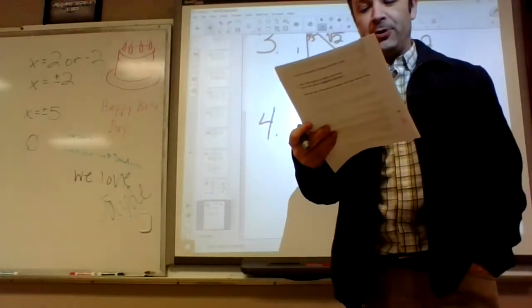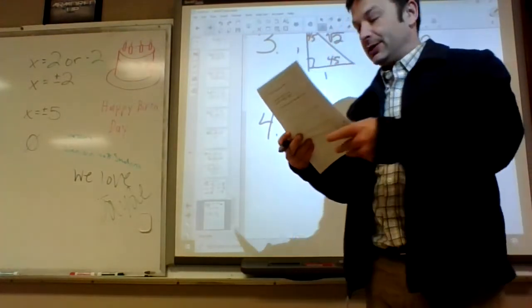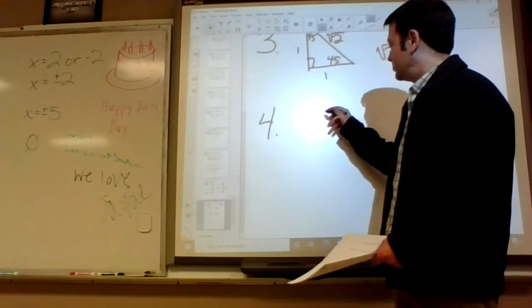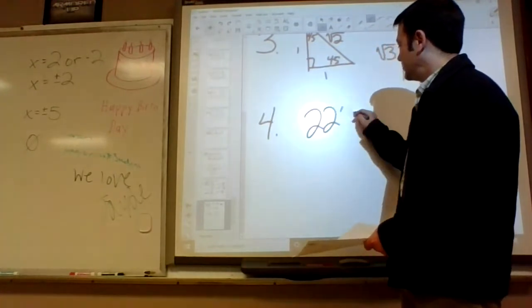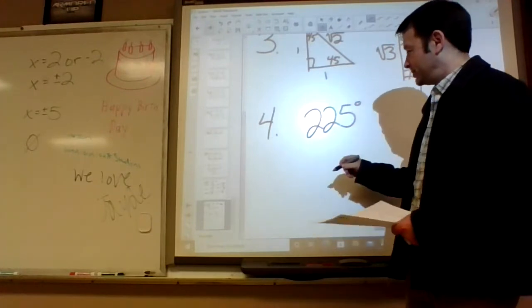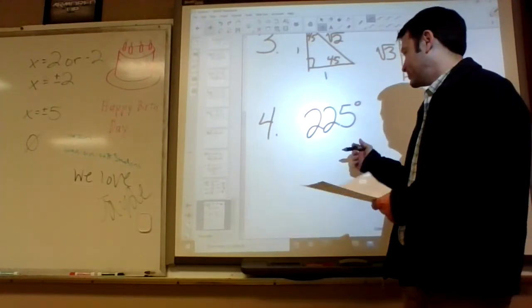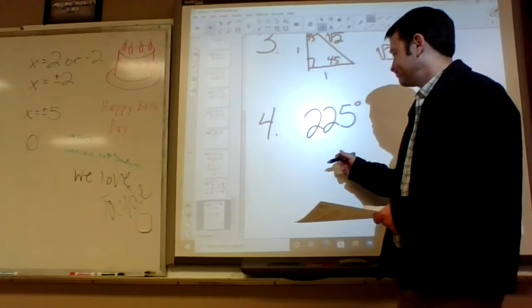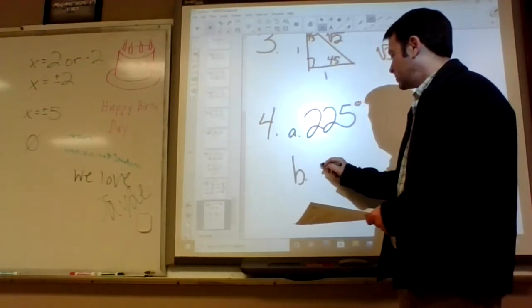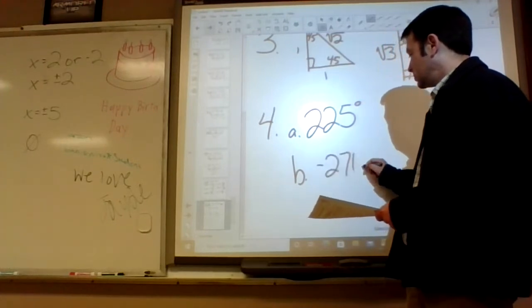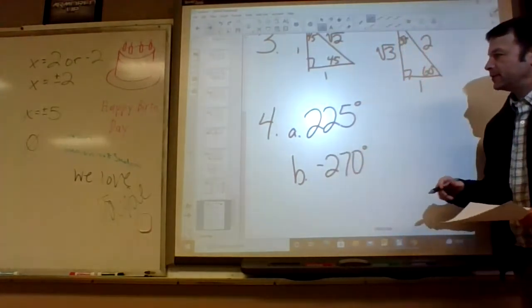Okay, number 4 is going to be convert 225 degrees to radians. And what else? Oh, is this like an actual problem now? Not a formula. Yeah, convert to radians.